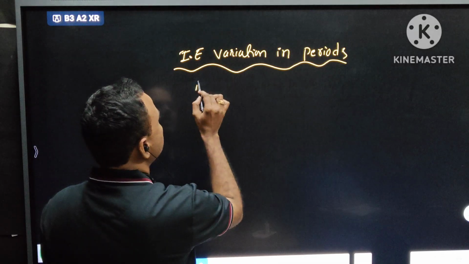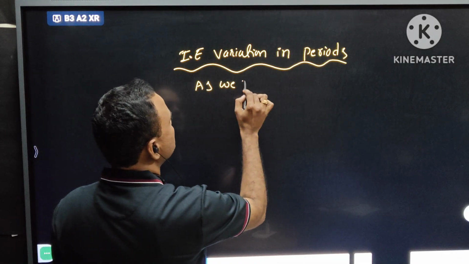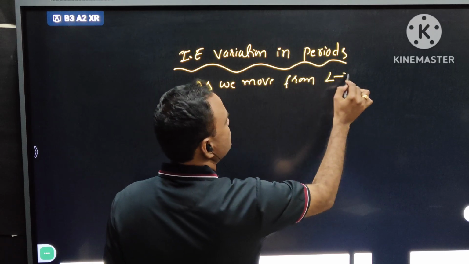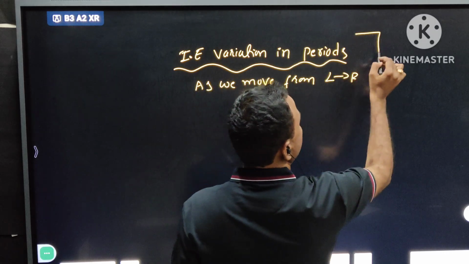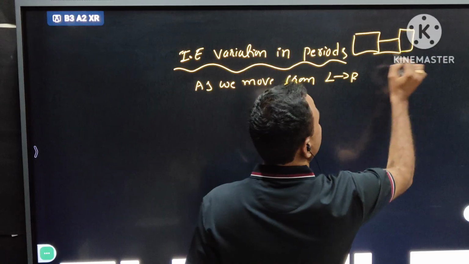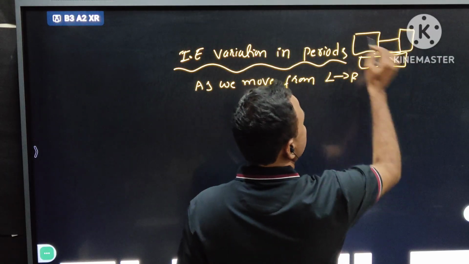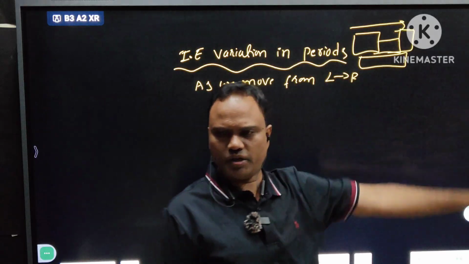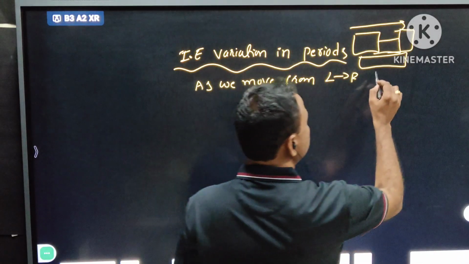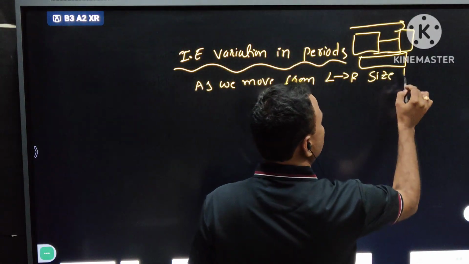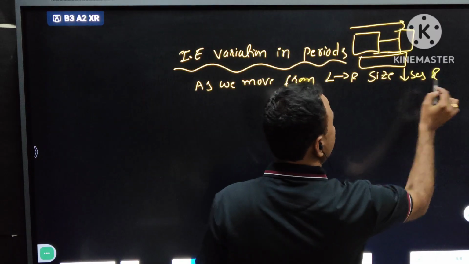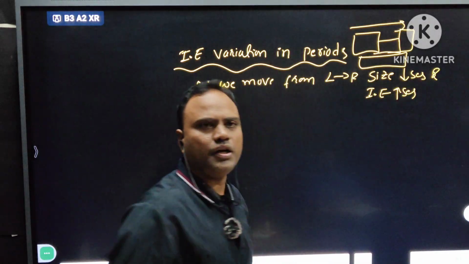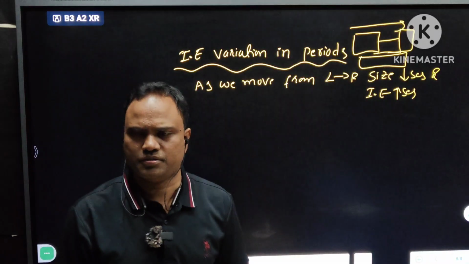What happens to the size as we move from left to right? This is the periodic table. If we move from left to right, s block to p block, size decreases and ionization energy increases, right?